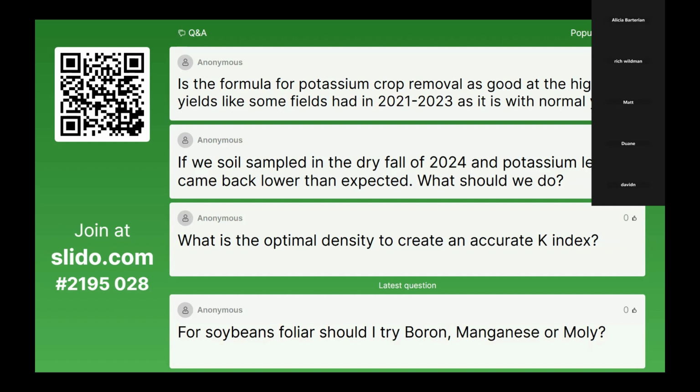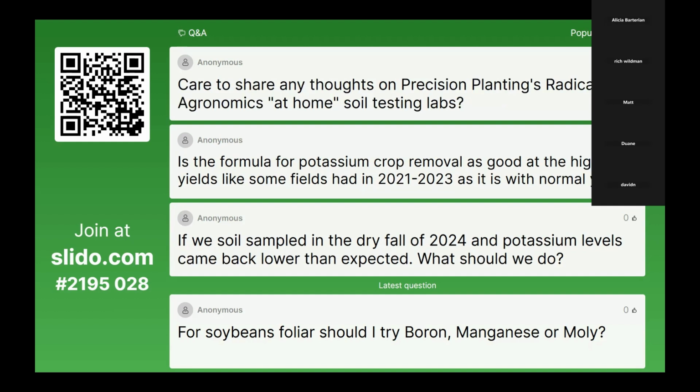The second part is we use crop removal. Most of the time we use crop removal from your yield data to replace what was taken off. So that is the removal piece. The equation works fine for what it's doing, and we're just allowing the yield data to drive the crop removal, or we'll use a yield goal to drive that.